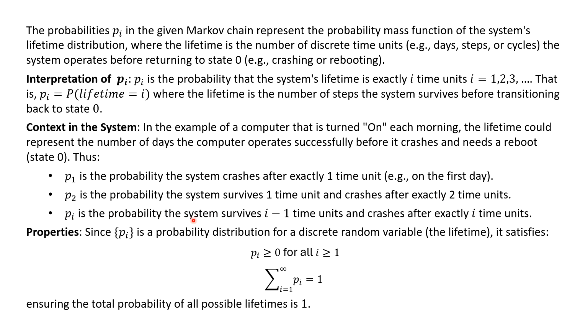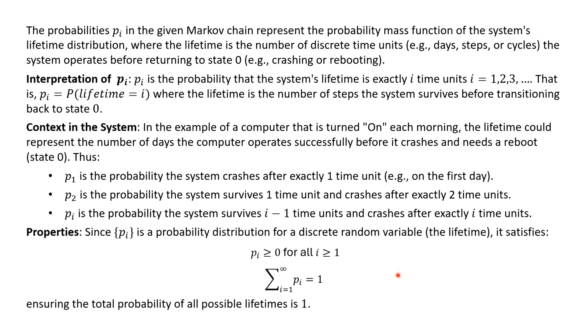P sub i is the probability the system survives i minus 1 time units and crashes exactly at i time units. The probabilities are greater than or equal to 0. And this is in general true for a probability distribution: the sum of all these P sub i's equals 1.